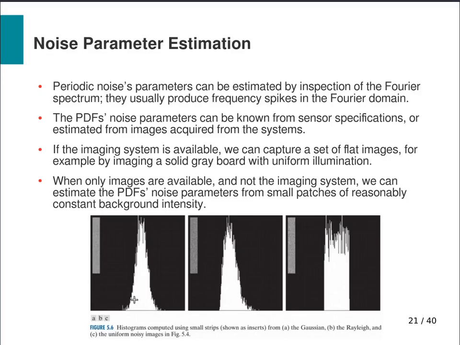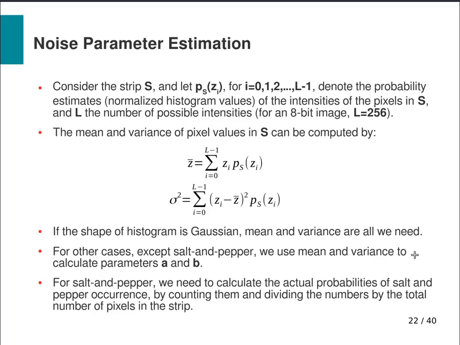This one is when the image is affected by a Gaussian noise. The histogram of the intensities in that small patch resembles a Gaussian PDF. This one is for a Rayleigh noise, and this one is for a uniform noise. Now let's say we created that, how can we estimate the mean and the variance?